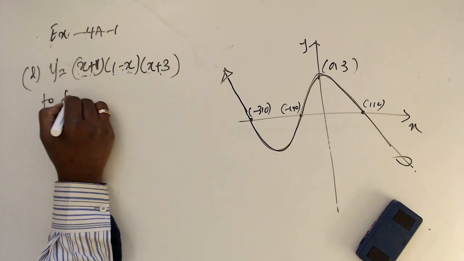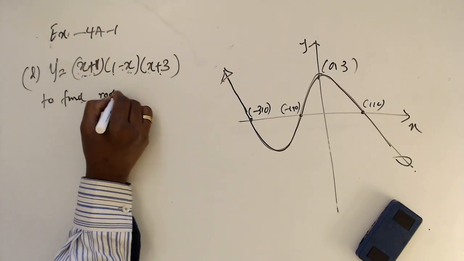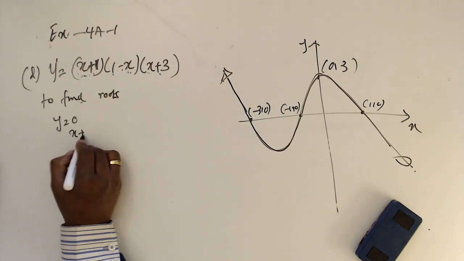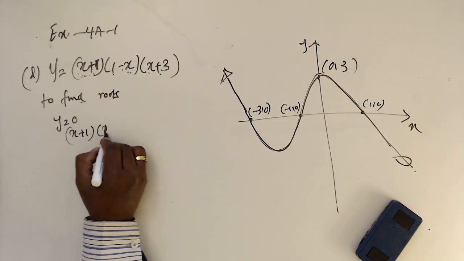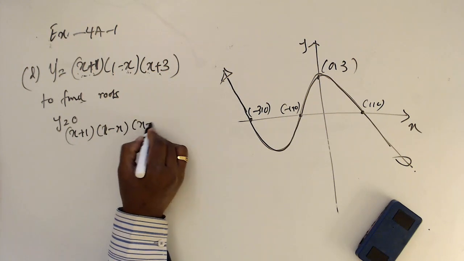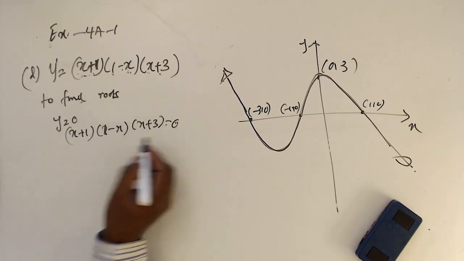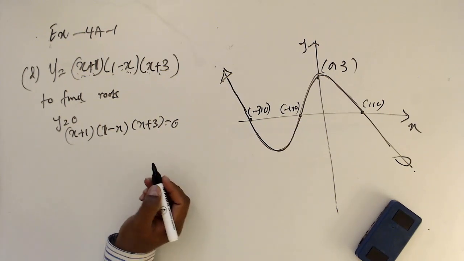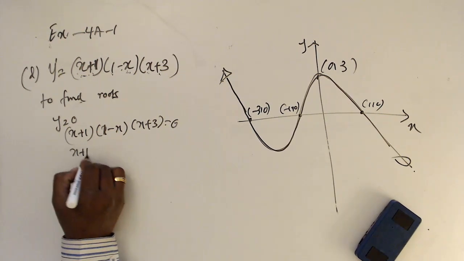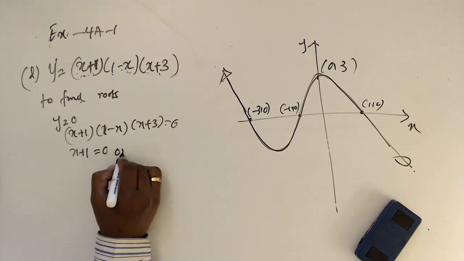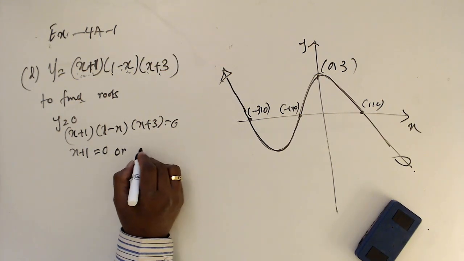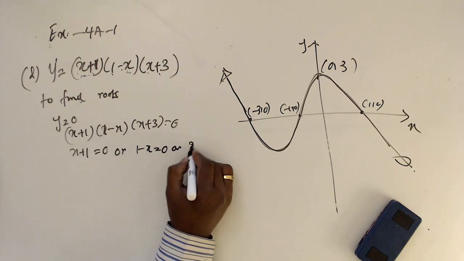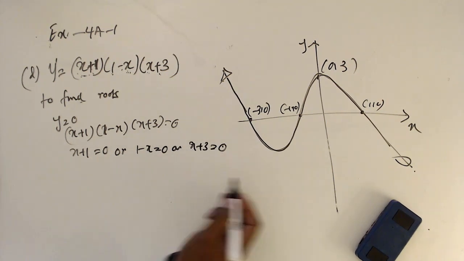Now we'll work out. To find roots, y equals 0, (x plus 1)(1 minus x)(x plus 3) equals 0. x plus 1 equals 0, or 1 minus x equals 0, or x plus 3 equals 0.